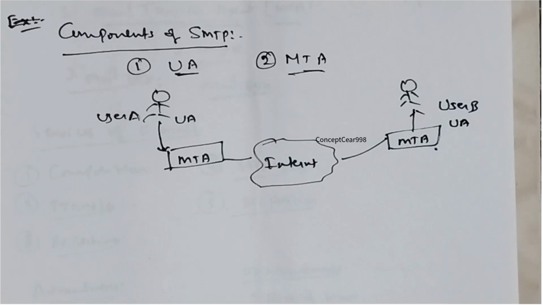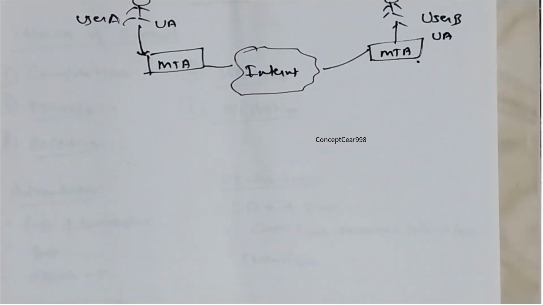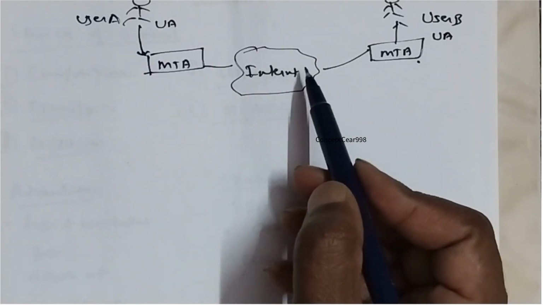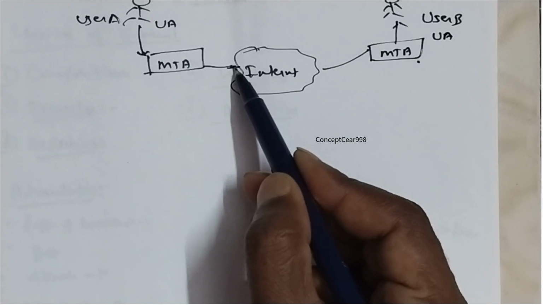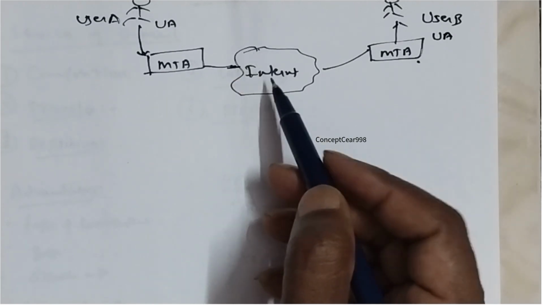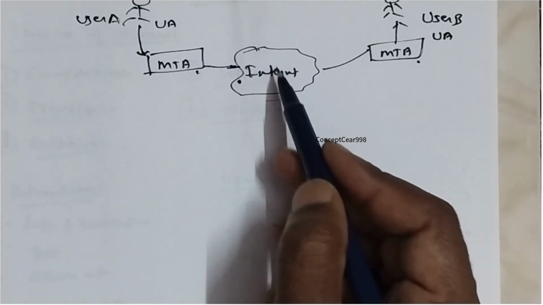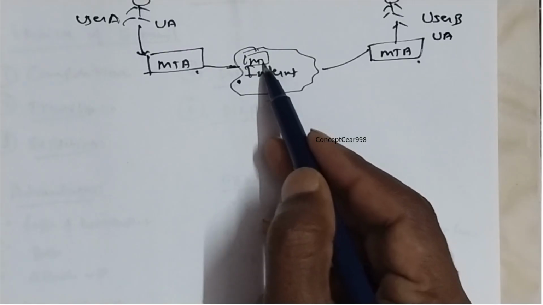The relaying system without the TCP protocol can also be used to send emails to users, and this is achieved by using a mail gateway. What is a mail gateway? It uses relay systems. Relay systems means that between one mail transfer agent and another, in the internet there is one more mail transfer agent.